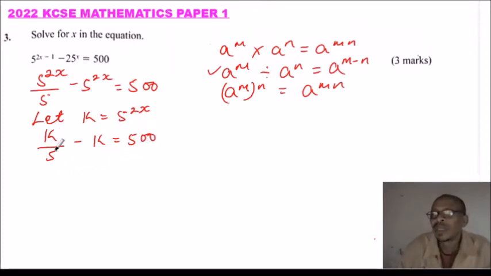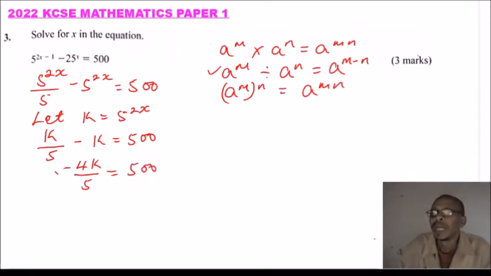So this will give us k divided by 5 minus k, that will give us minus 4k divided by 5. This is the same, k is the same as 5k over 5, so when you subtract 1k you will be left with minus 4k over 5, which is the same as 500.